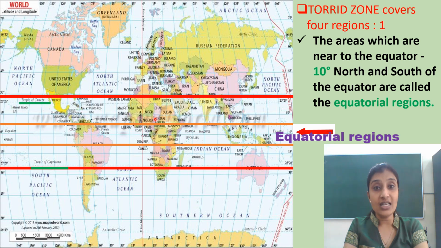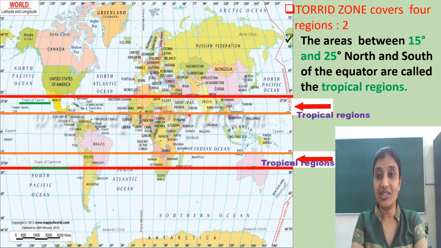The areas which are near to the equator to 10 degree north and 10 degrees south are called the equatorial region. Look here carefully, children. The areas which lie in 0 degree to 10 degree north and 0 degree to 10 degree south are called the equatorial regions.